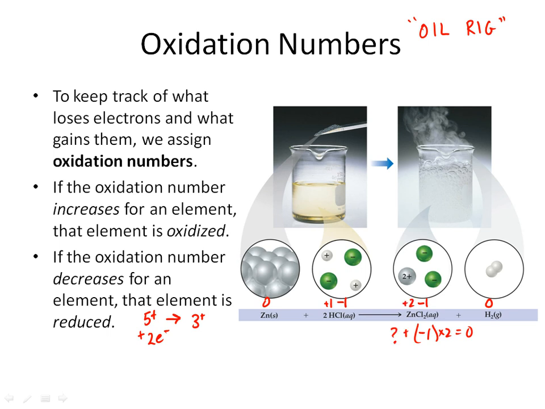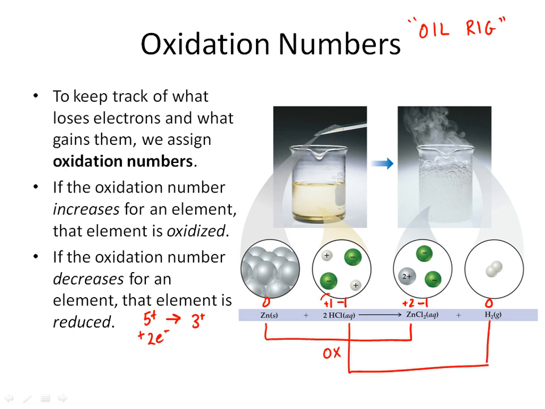So can we identify what was oxidized and what was reduced? Yes, we can. We can see that the zinc was oxidized because the oxidation number went up. It became more positive. And it's a great idea to label, just like I did here, your 2 species that became oxidized.